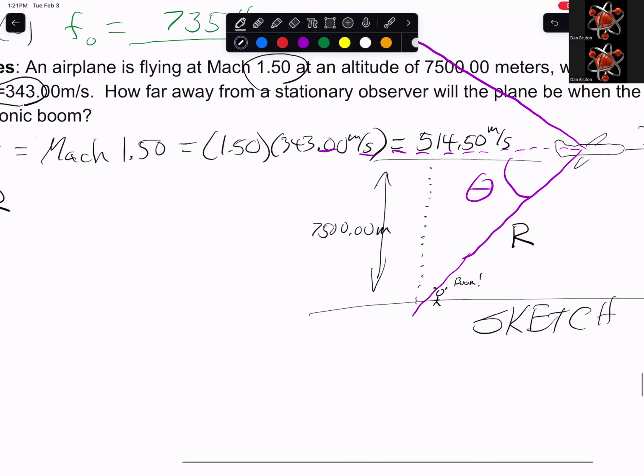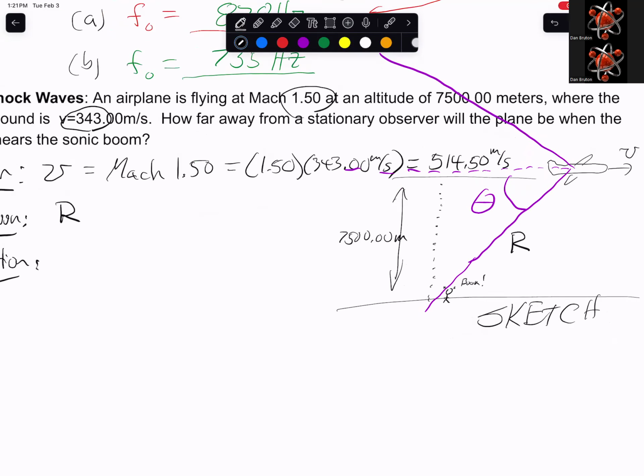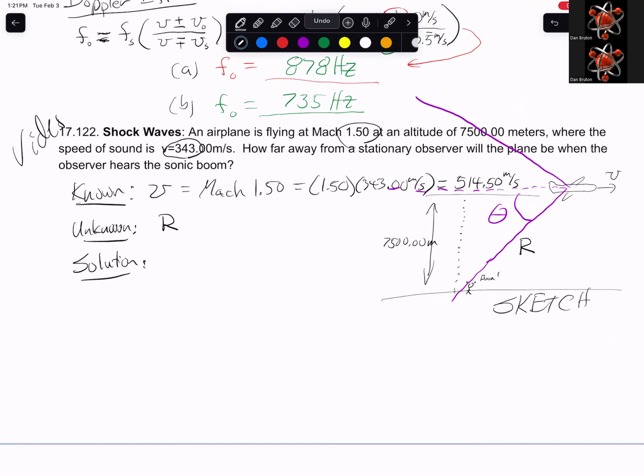And so this r is the distance from you to the aircraft at that moment. And then you can see that there's this sine theta. So sine theta would be equal to this height h over r. So if you're looking for r, then it's going to be h divided by sine theta.